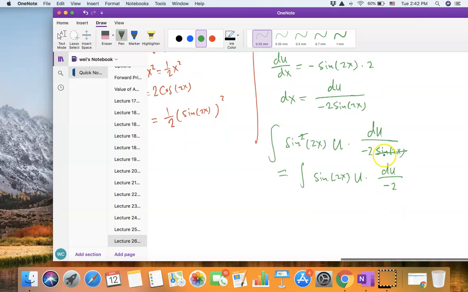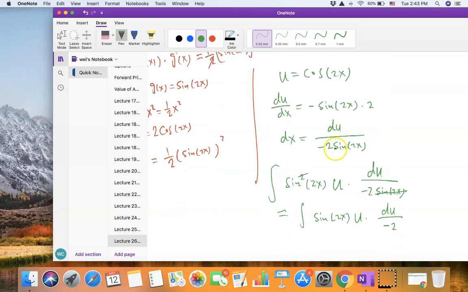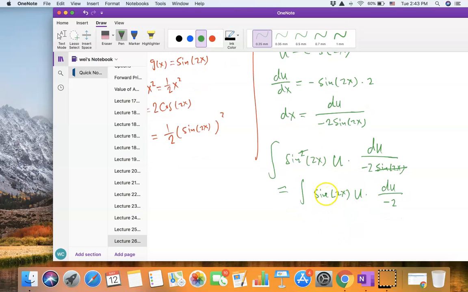After we cancel out this sine of 2x, we still have a sine of 2x inside of the integral. Now this shows us we need to change the u, because with this kind of u, we are not able to move on to solve this integral, because this integral contains 2 variables, x and u.